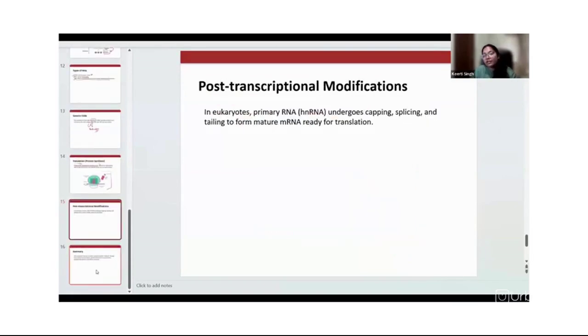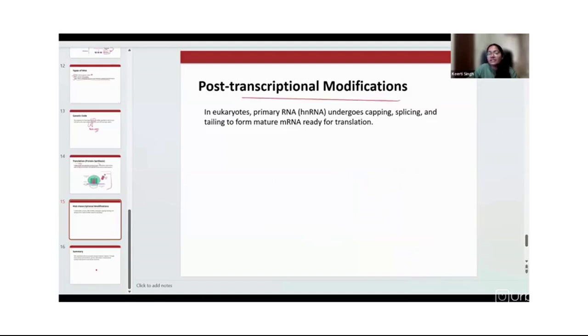So along with the process of protein synthesis, some processes also take place, known as post-transcriptional modification.